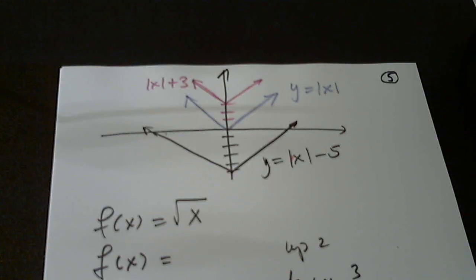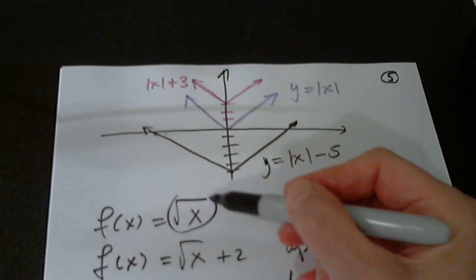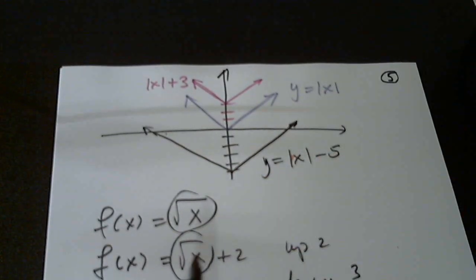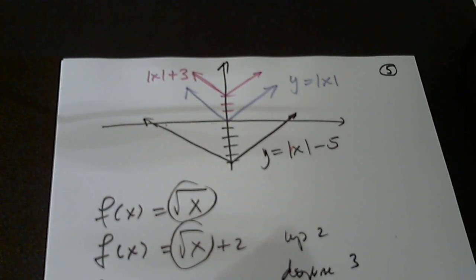What do you think? Would it be square root of x plus 2? Yes, exactly. Nothing changes here. It's a change in the y value. And what about down 3? Anyone, please?